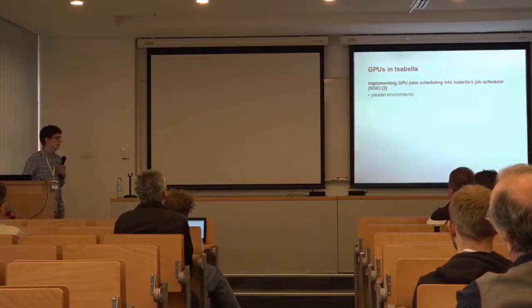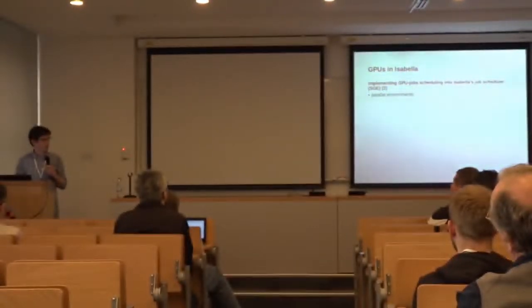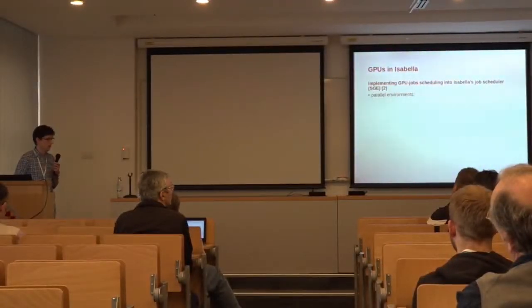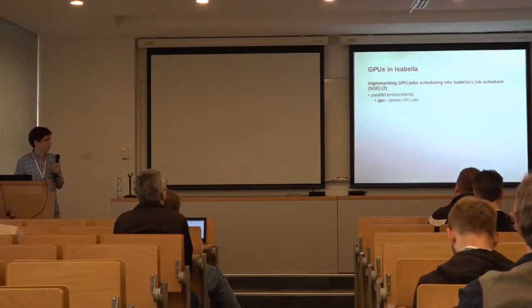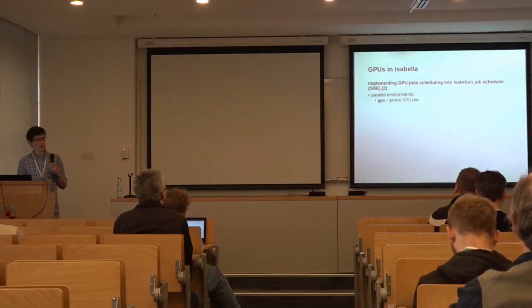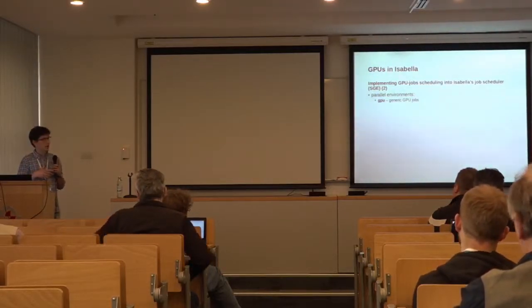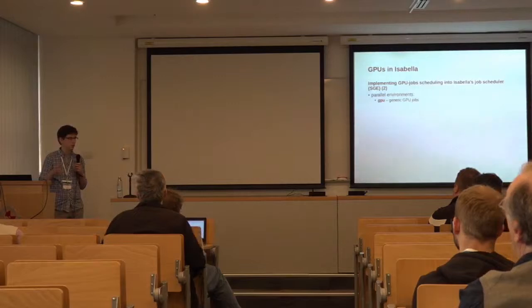The next thing we had to work on was what if someone wants to use more than one GPU. So we have something called parallel environments. Not really important. So we have a parallel environment called GPU that the user submits and just says, okay, I want this many GPUs.